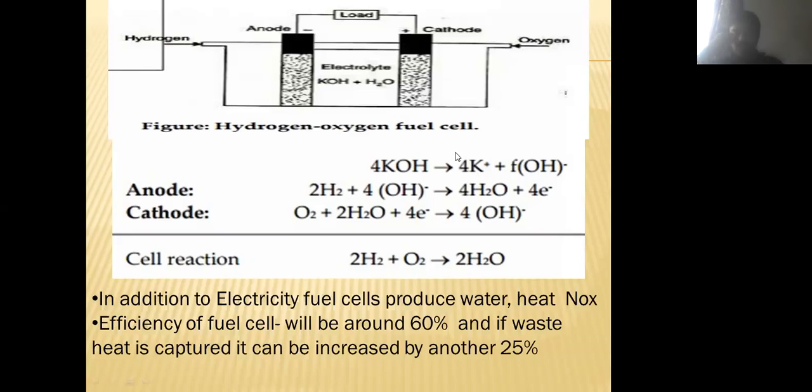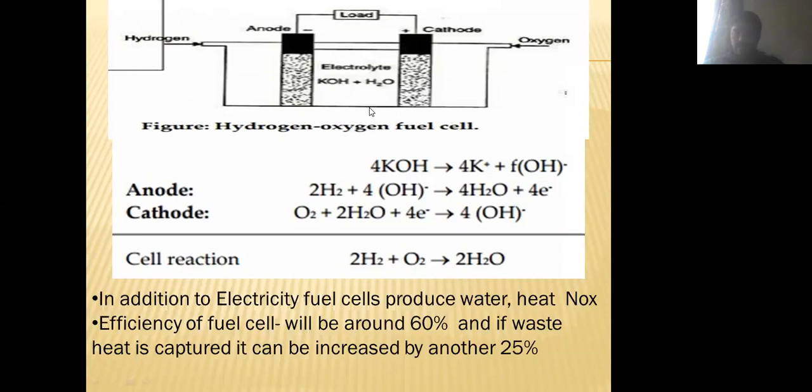This is a solution which acts like a membrane, allowing the ions in only one direction. So this KOH is the electrolyte we have here.